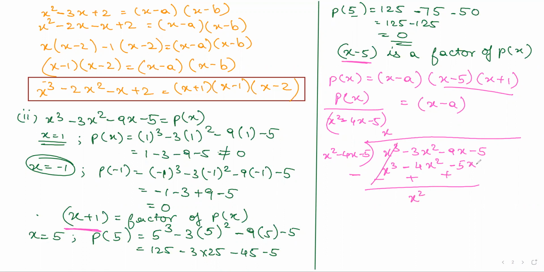Minus 9x plus 5x gives you minus 4x minus 5. If you can see this, all three terms are exactly the same. All you have to do is plus 1. 1 multiplied by the whole thing, you'll get the same. Subtract, change the signs, and cancel all three terms to get the remainder 0.